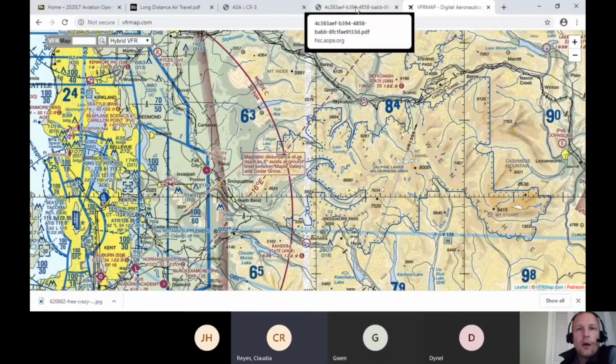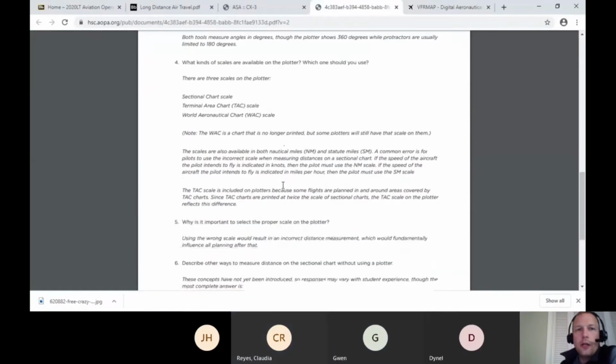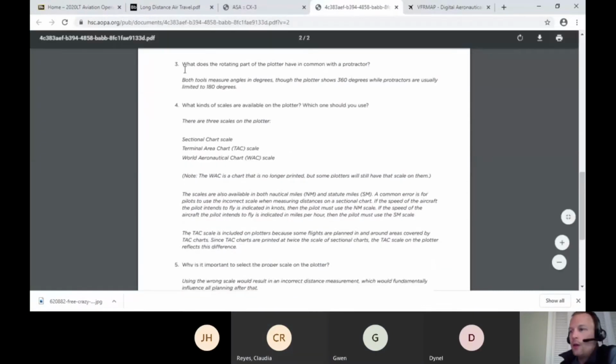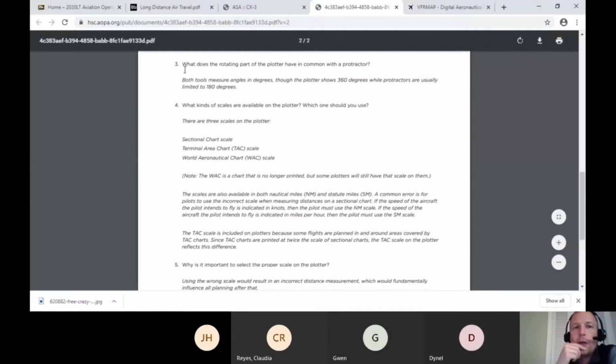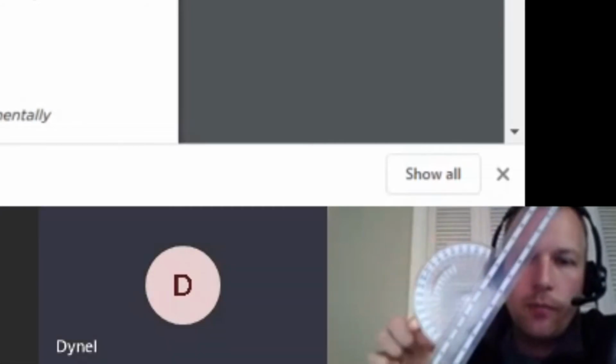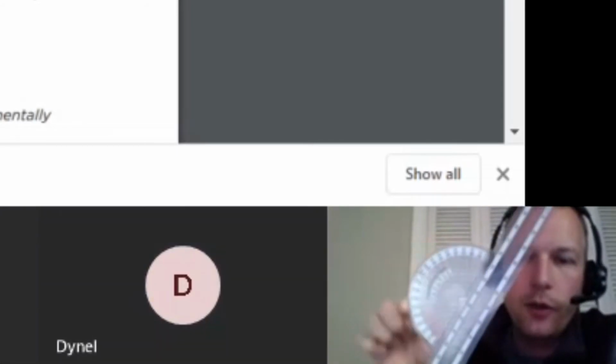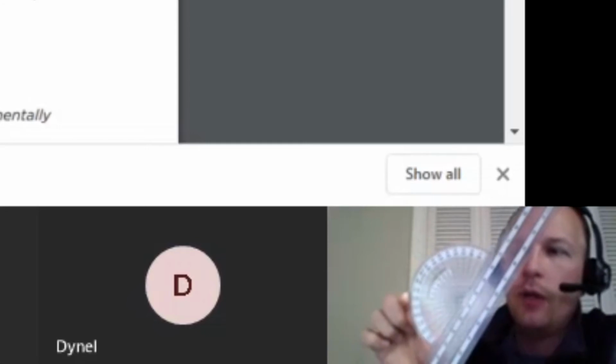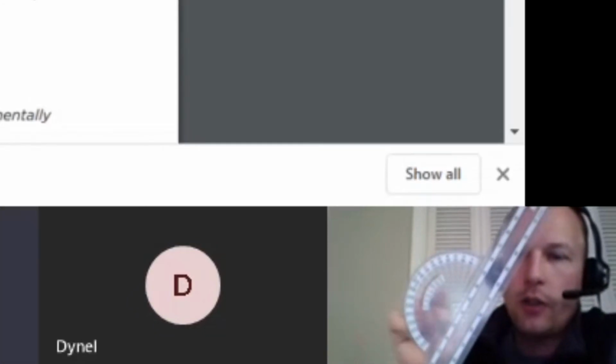Now, not all plotters are equal. Question 3 on Tuesday's assignment said, what does the rotating part of the plotter have in common with a protractor? My plotter and the plotter that they used in the video is fixed. So this protractor scale that would show you the angle is set, and you have to just read it.